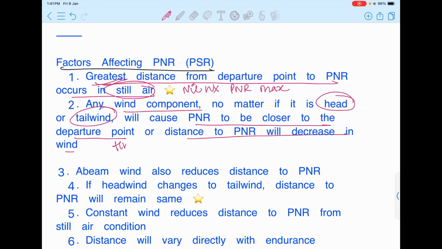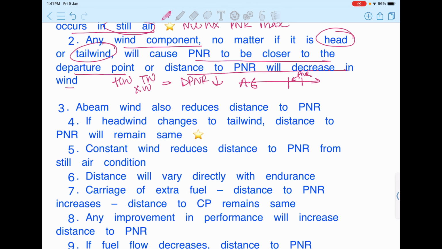So in case of headwinds, tailwinds or crosswinds, the DPNR will reduce, or like we studied, the PNR will shift towards the departure. Then we have beam winds or crosswinds will also reduce the distance to PNR.